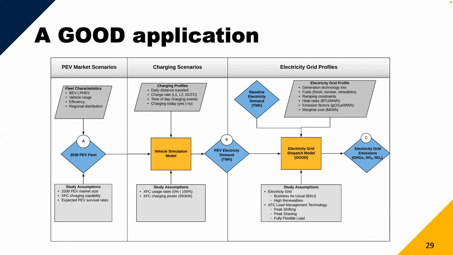We figure out what the fleet size is going to look like, and then do a simulation of what the vehicle charging is going to look like. We use a lot of the same techniques I've already discussed in earlier vehicle models like EVI-Pro, and we determine electricity demand, and then this part gets fed into the dispatch model.